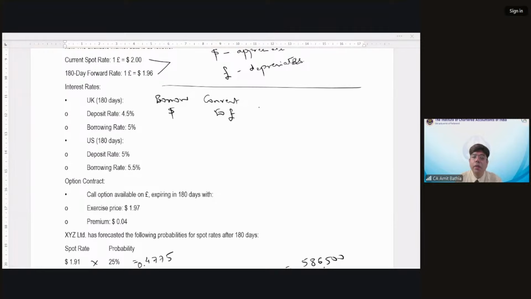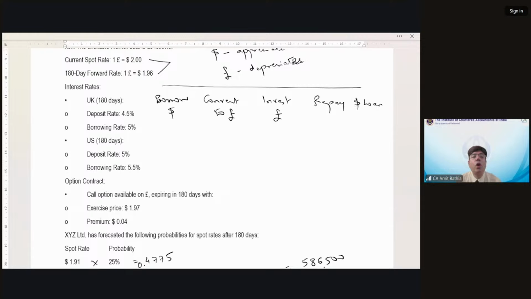Then invest in pound. And then last is repay dollar loan. That is how my money market hedge will work, right?